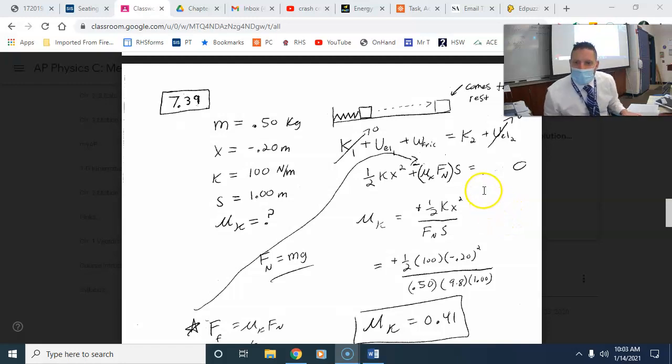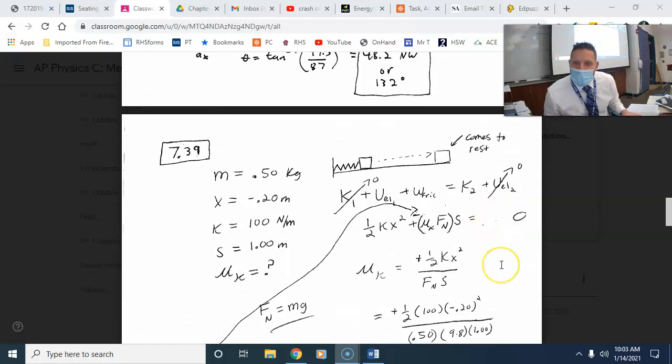So if the spring completely releases it, there's no more elastic at position 2, right? It's away from the spring. It's not acting on it anymore. Also, it comes to rest, so K2 is what? 0. So in the next step, everything's 0.